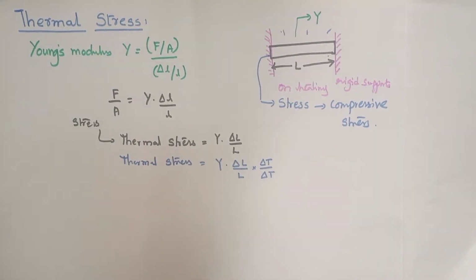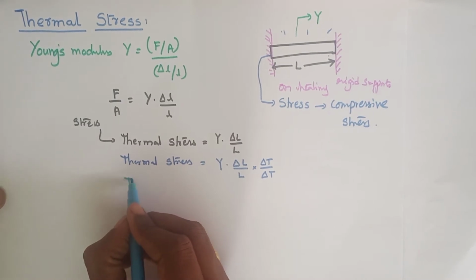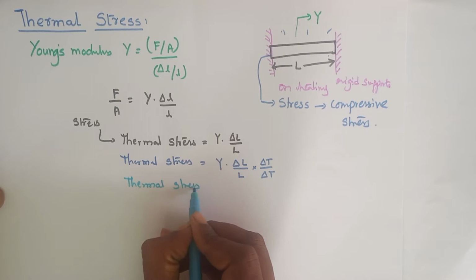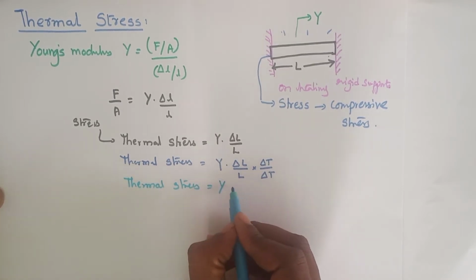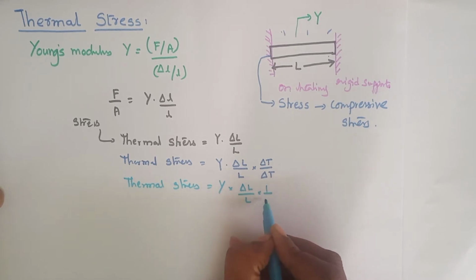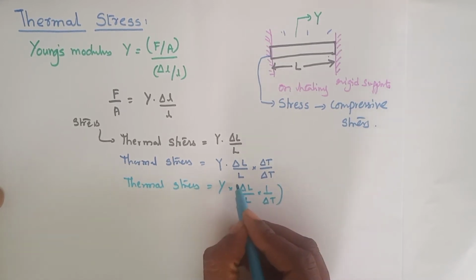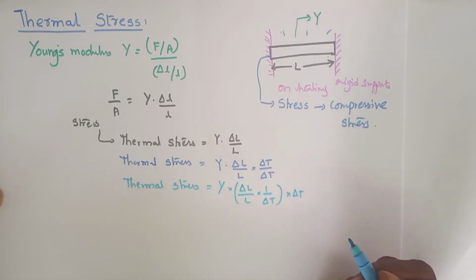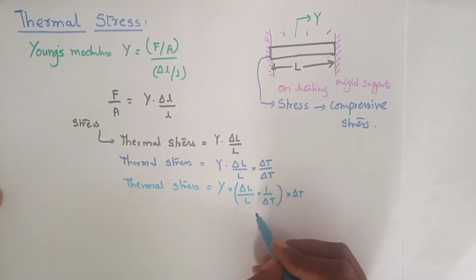Now thermal stress is equal to Y into delta L by L, into 1 by delta T, into delta T. What is this?